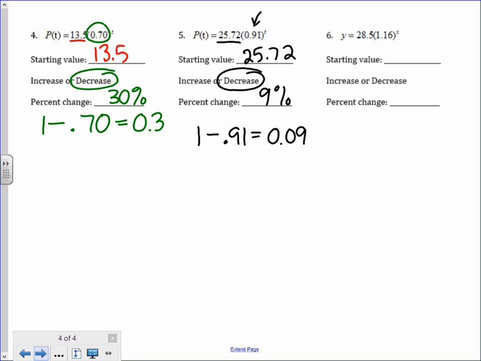All right, finally, the starting value for 28.5 times 1.16 to the x is 28.5. 1.16, which is our growth rate, is larger than 1, so it's an exponential increase. And the percent that I'm looking at is just the 0.16, which is 16%.